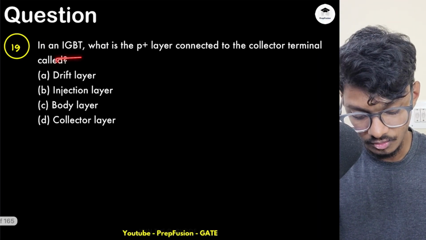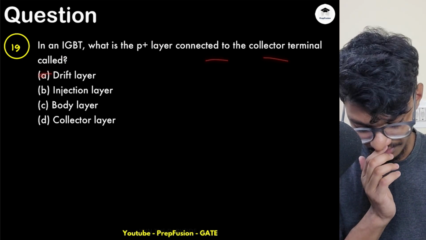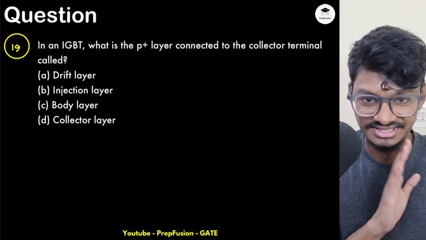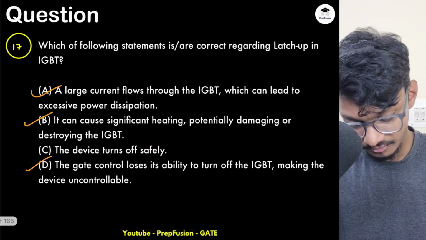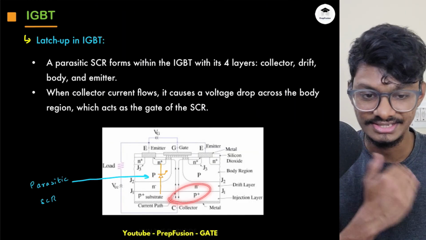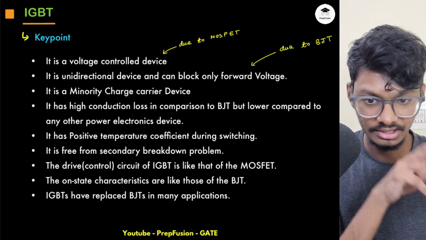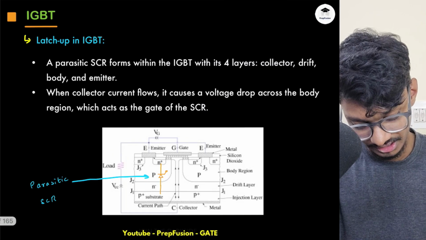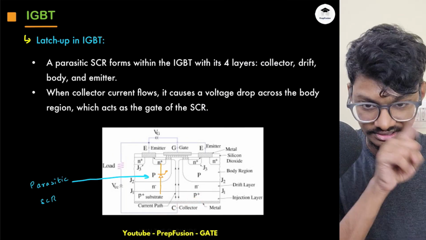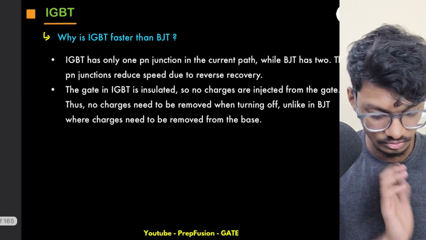In an IGBT, what is the P plus layer connected to the collector terminal called? Here, this is just a theoretical question. What happens is it injects holes, right? This P plus layer injects holes. That's why this is known as the injection layer. Drift layer is N minus. Collector layer isn't it; it is just the collector terminal, right? Body region is here. So that is not true.